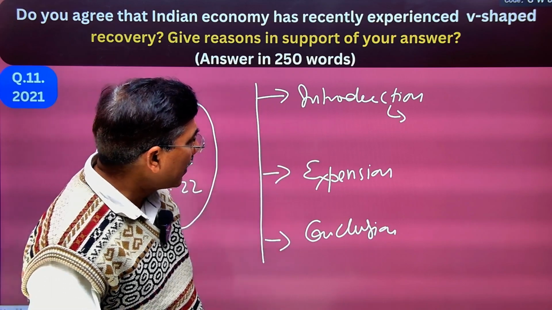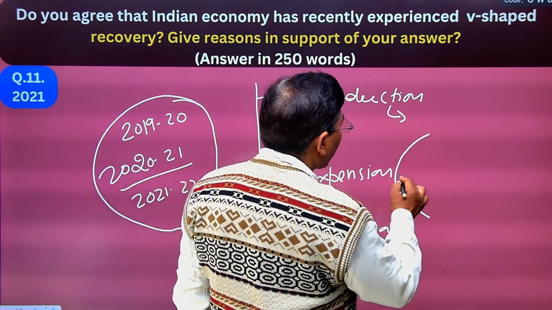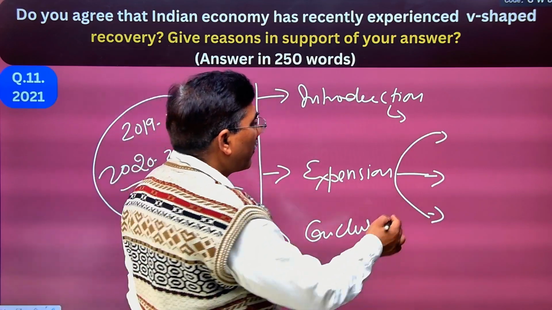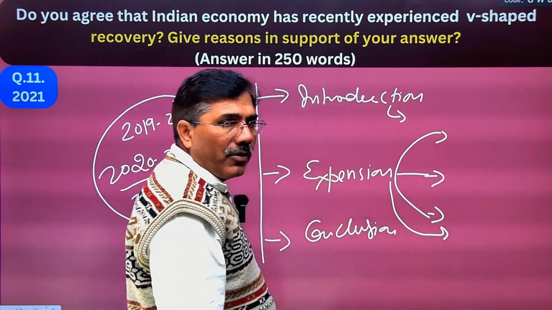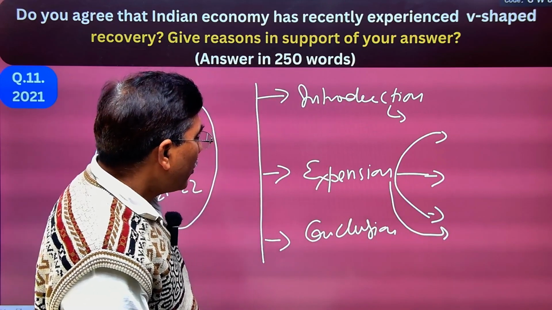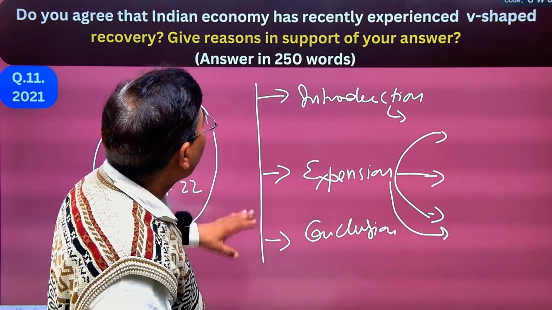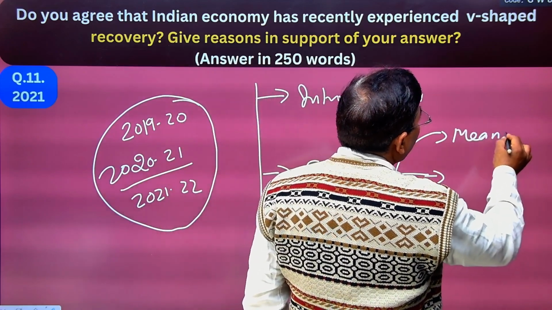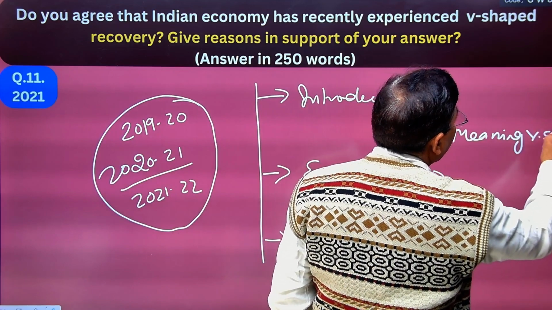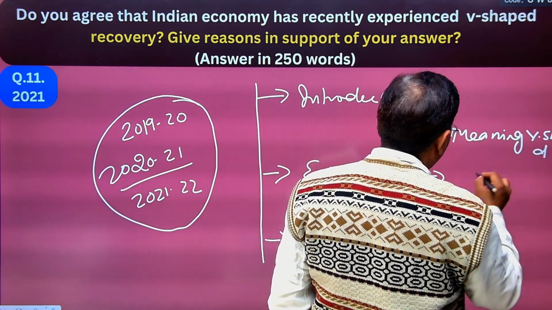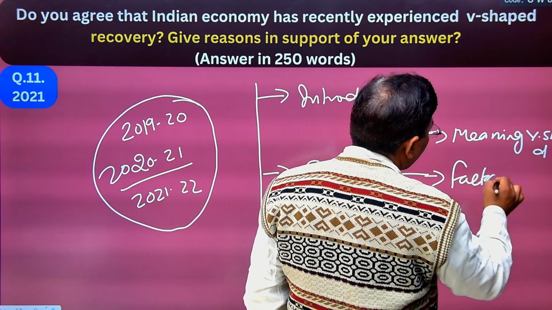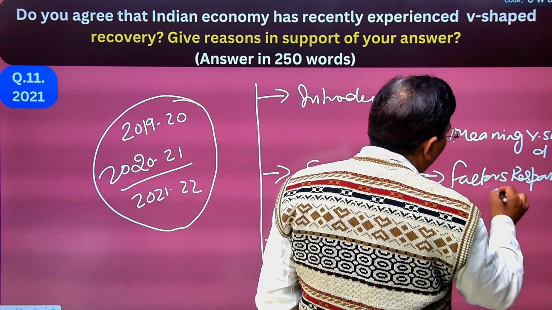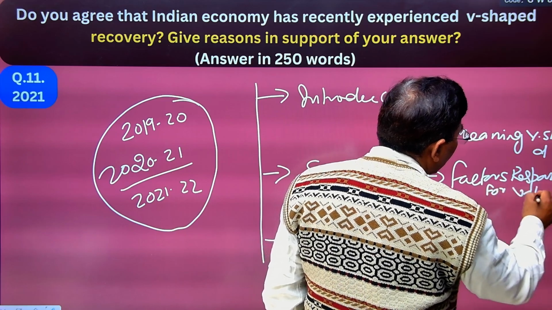This is your introduction. In the expansion, you will explain 3 points maximum, or you can take 4 points according to your priority. First, you will say the meaning of V-shaped recovery. Second, the factors responsible for V-shaped recovery.